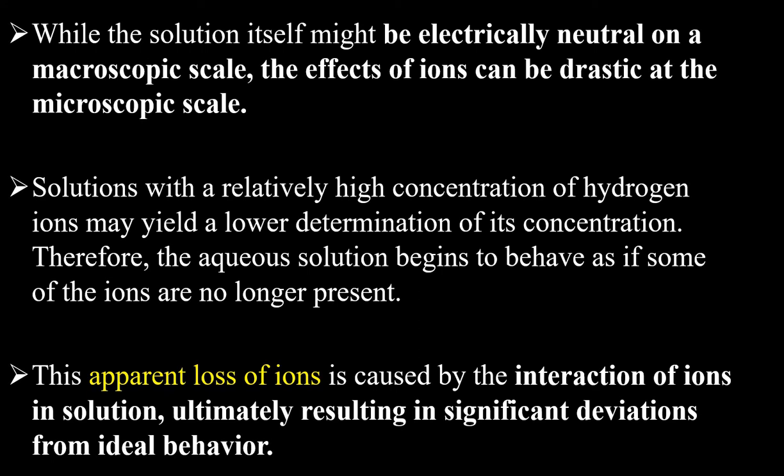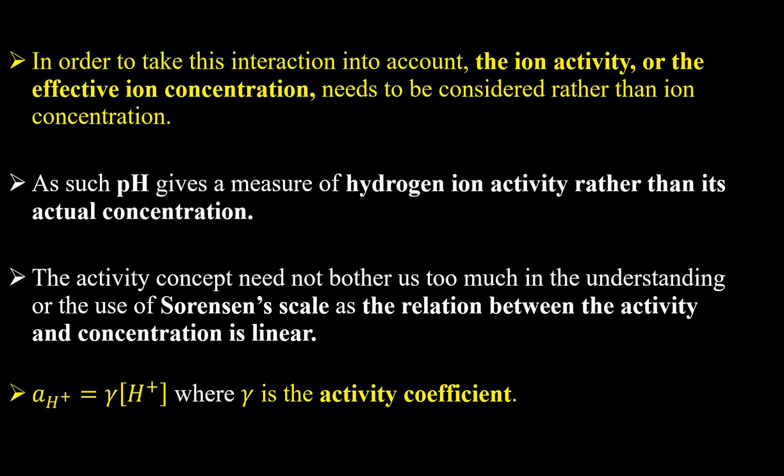Therefore, the aqueous solution, that is solution prepared in water, begins to behave as if some of the ions are no longer present. This apparent loss of ions is caused by interaction of ions present in solution, ultimately resulting in significant deviation from ideal behavior.